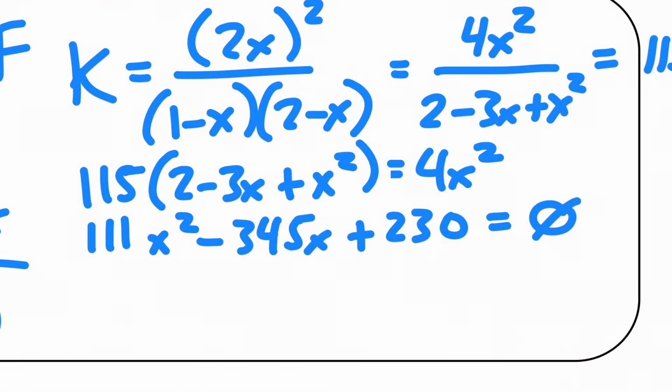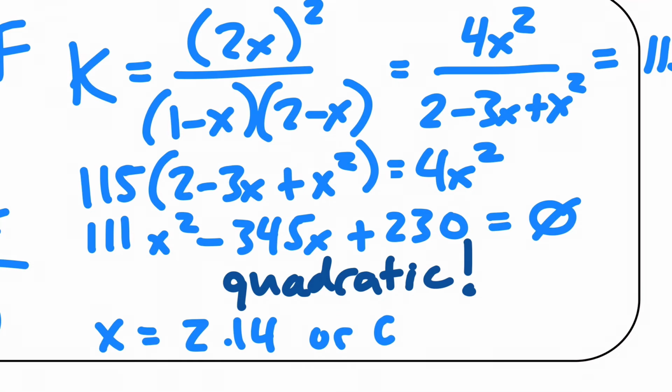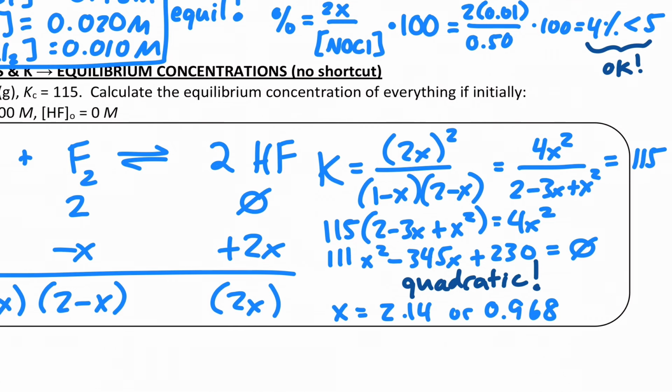And I'm just going to write the word quadratic, meaning I went ahead to a quadratic solver and didn't do it manually. And I come out with 2 solutions. It's either 2.14 or 0.968. And if we stopped in the mathematics department, we'd go, yep, there's 2 solutions.